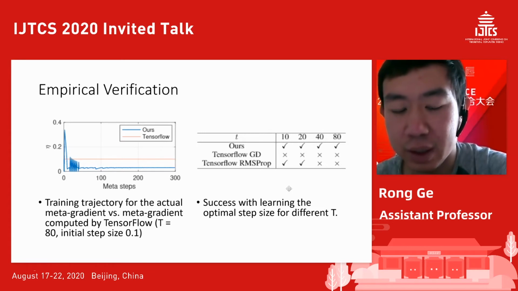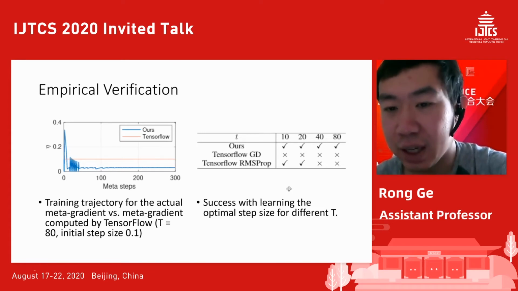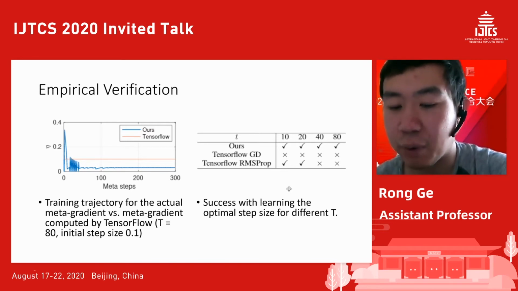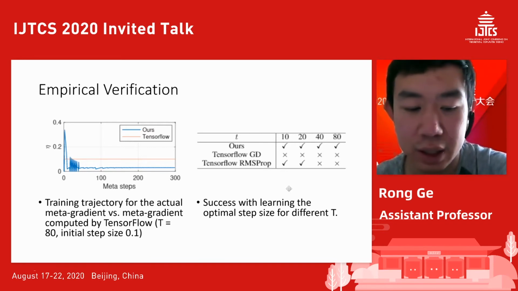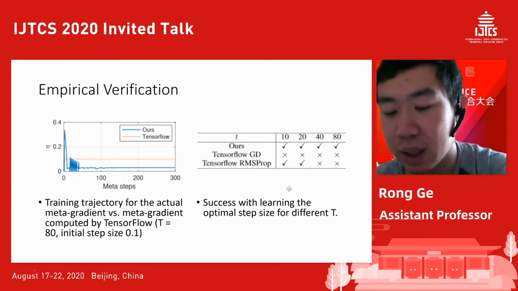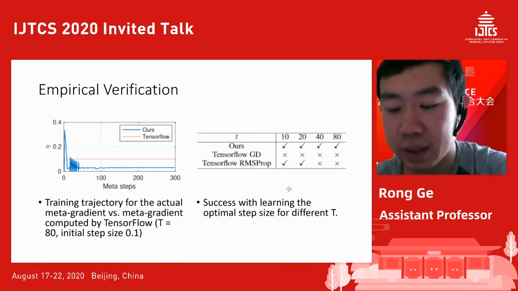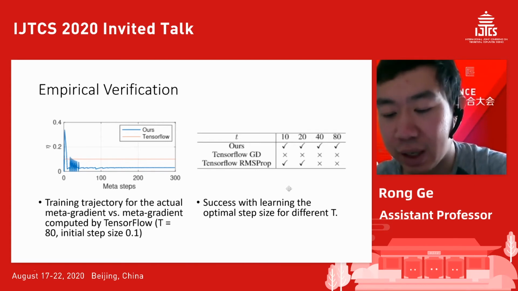If you compute the meta gradient correctly using the closed form formula, no matter what your t is, it will always converge to the correct optimal step size. But if you use the standard implementations, then it will run into numerical issues in many cases.